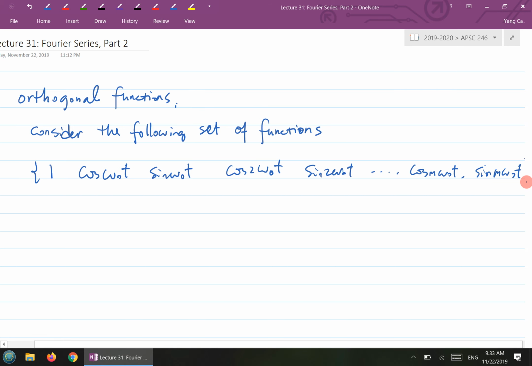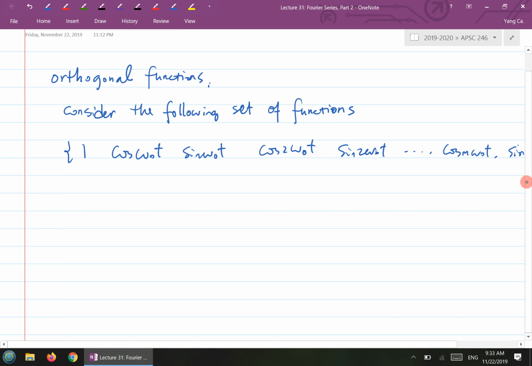So there are infinite sine and cosine terms in this set of functions. And in this case, the base period of the function is 2 pi over omega naught. So that's the period of that function.